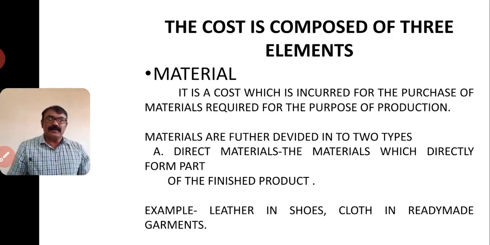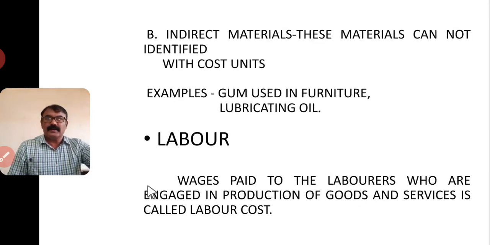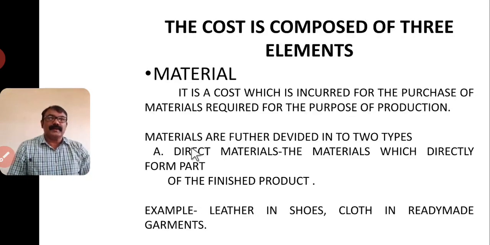Other examples given are leather in shoes and cloth in ready-made garments. In a ready-made garment, they prepare shirts, pants and other products, and in that we can see the direct material, the cloth.